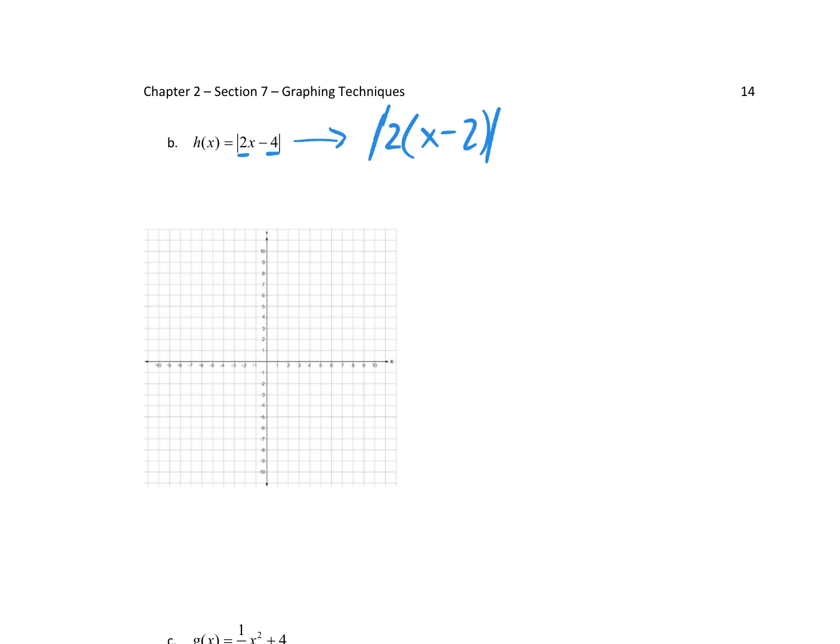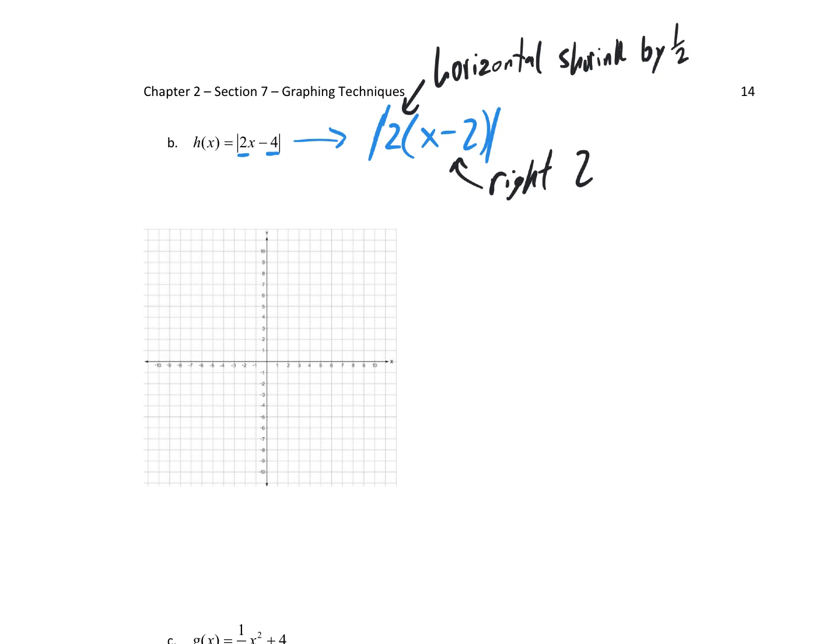So this 2 is going to be a horizontal shrink by a factor of 2, or 1/2, because we're going to divide by 2. And then this minus 2 is going to go right 2 spaces. Because of that horizontal shrink, it looked like it was going to go 4 spaces over, but it's actually only going 2 because the graph itself is smaller.